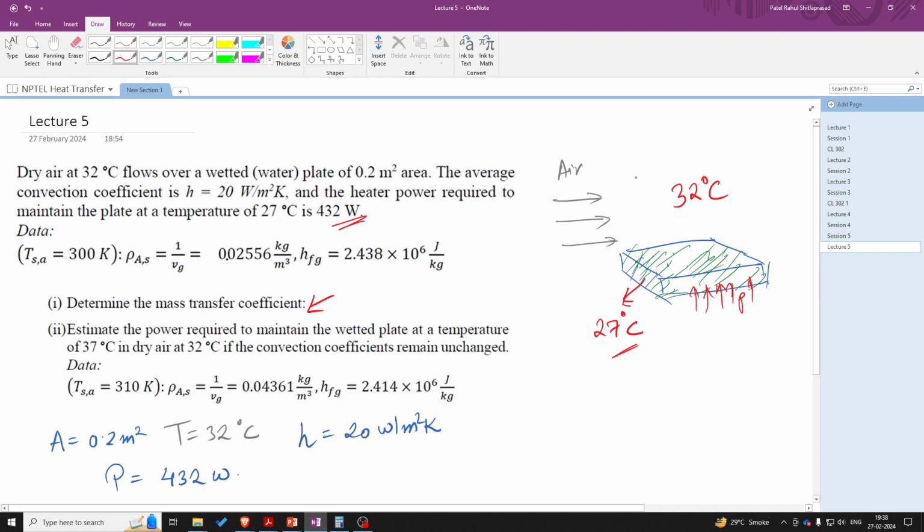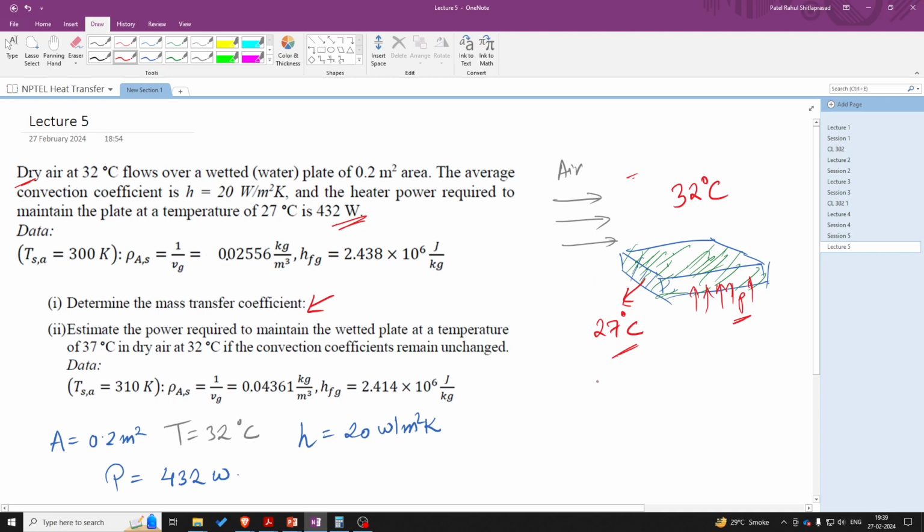Similarly, we have been given dry air, so this air won't be having any moisture or water content, whereas this plate is having some water content. Due to this concentration difference of water content between air as well as plate, mass transfer will also take place, and again that will be facilitated by this power that has been provided.